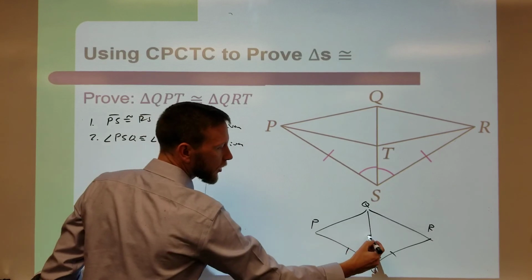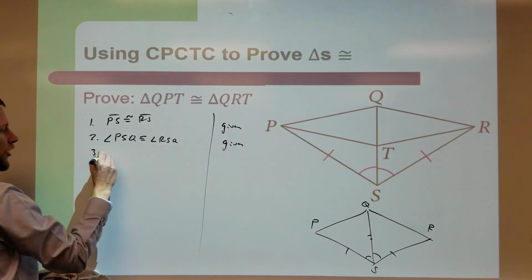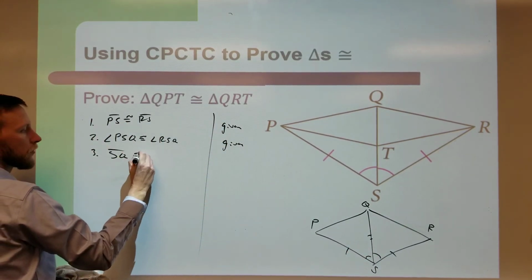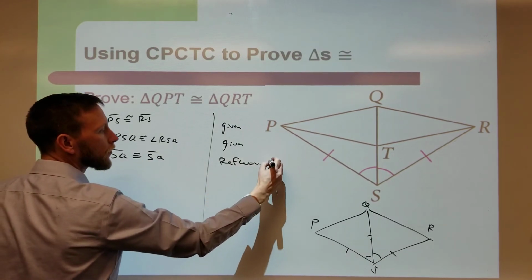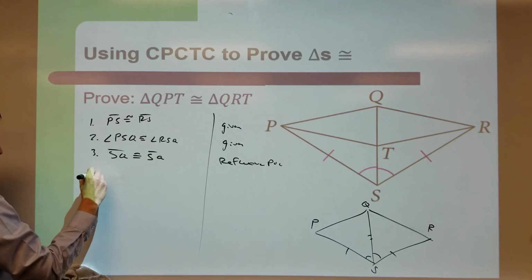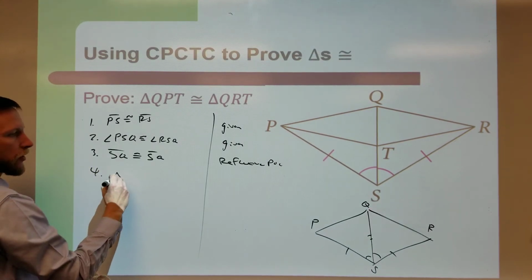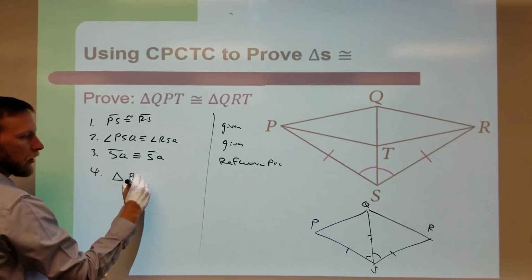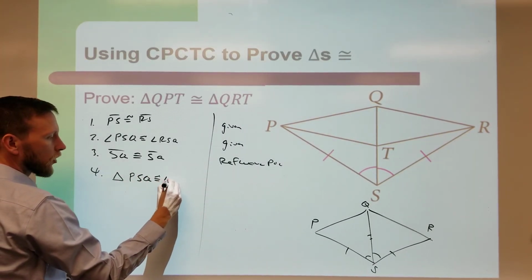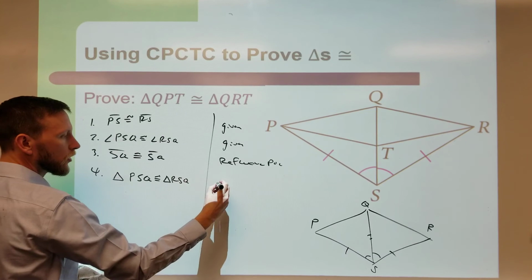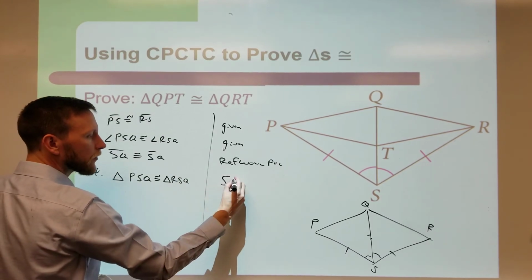And then I'm going to say that this side is reflexively congruent to itself, SQ congruent to SQ. And so that leads me to say that these big triangles, triangle PSQ and triangle RSQ, are congruent by side, angle, side.